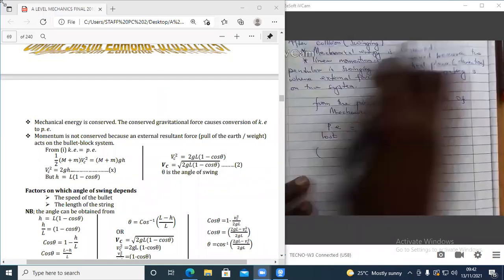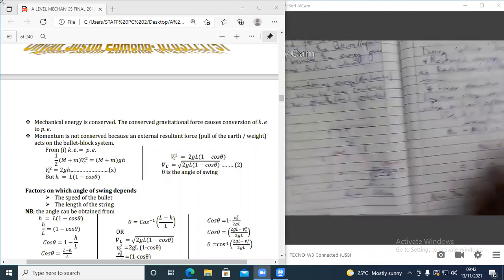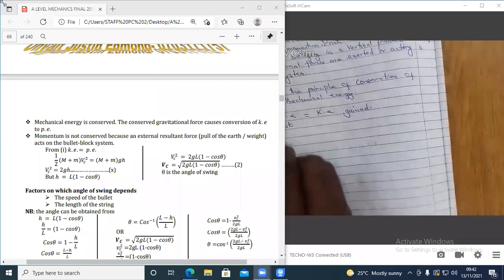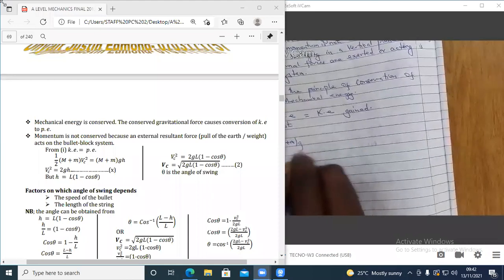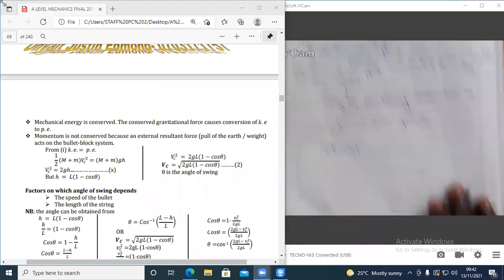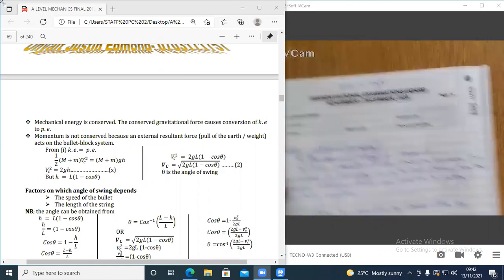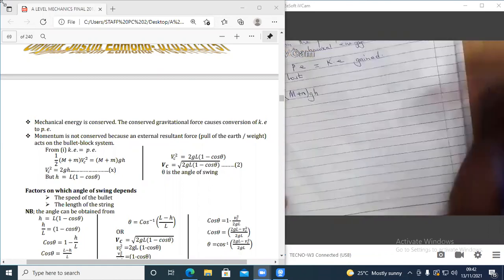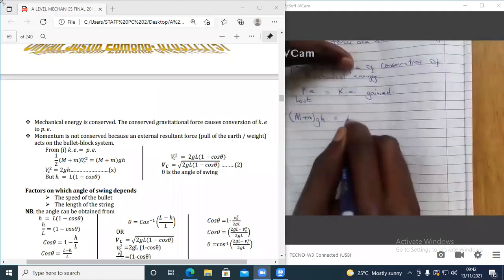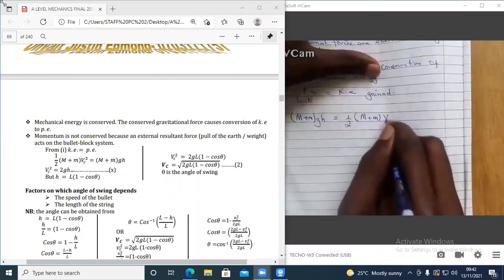Remember this one is when it's swinging, which means we are going to use the combined mass. Potential energy is given by (M plus m) gh, because potential energy is mgh. That equals the kinetic energy, which is given by a half into (M plus m) v squared.